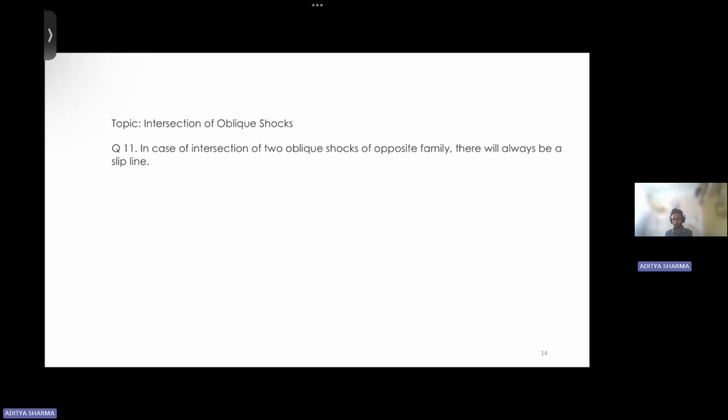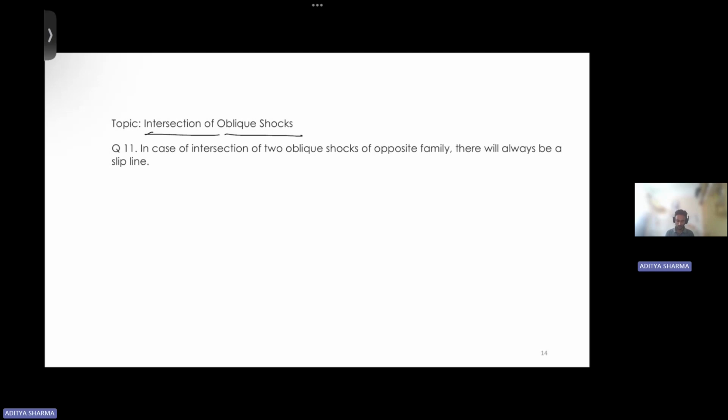This question again is on the same topic, intersection of oblique shocks. Question number 11 says that in case of intersection of two oblique shocks of opposite family, there will always be a slip line.